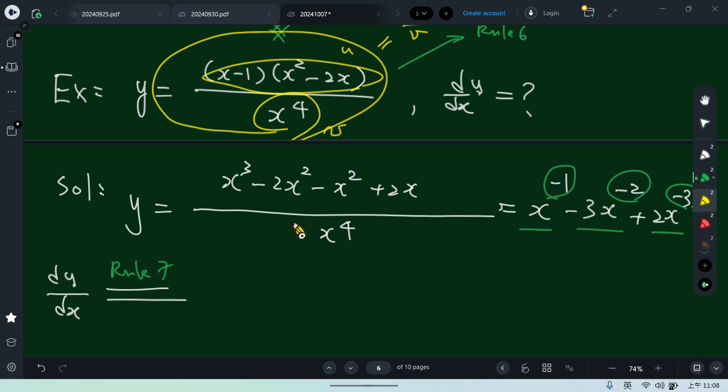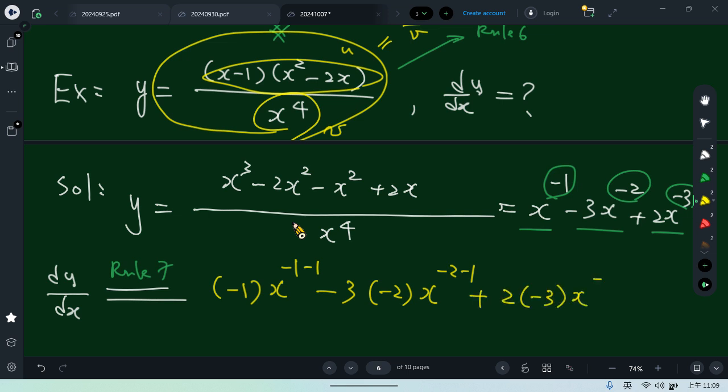So we can just simply get minus 1 times x to the power minus 1 minus 1, then minus 3 times minus 2 times x to the power minus 2 minus 1, then 2 times minus 3 times x to the power minus 3 minus 1.